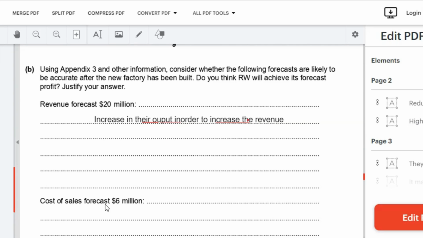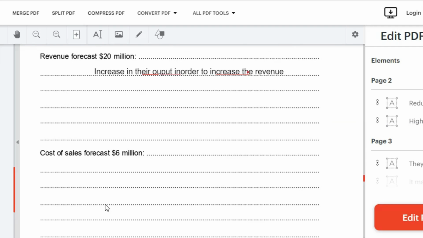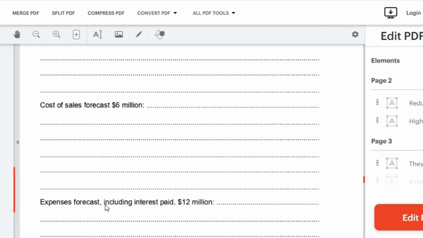While we have the increase in sales, of course, the revenue will also increase. The number 2 here, we have how you can advise them on their cost of sales. Of course, the company can increase to $6 million cost of sales if there is no economies of scale.